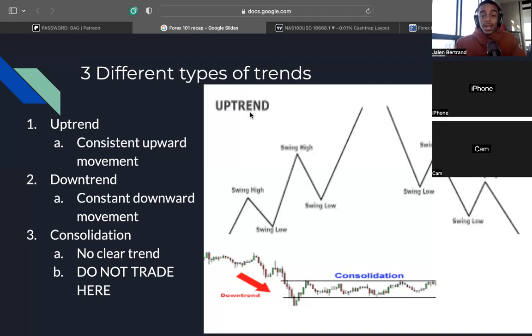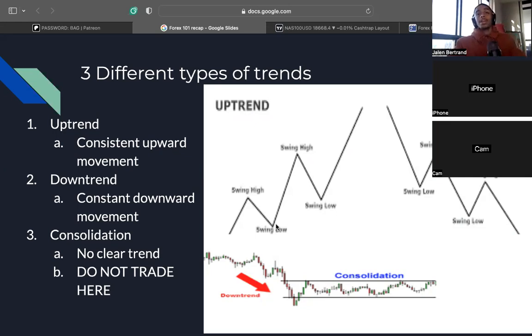So an uptrend is simple. We're seeing higher highs, and swing lows and swing highs. All that is telling us is that price is going up. Price has to make something called an impulse, which is what we see here where it says swing high, and then it has to make a swing low, where it takes a break.